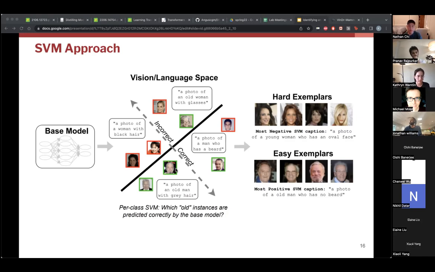Basically what they're trying to show here is that because of the way that the data set was constructed, there are many more examples of young women and old men, but not very many examples of young men or older women, which makes those particular examples hard exemplars, so it's harder to classify. So they'll be boxed in red as incorrectly classified.